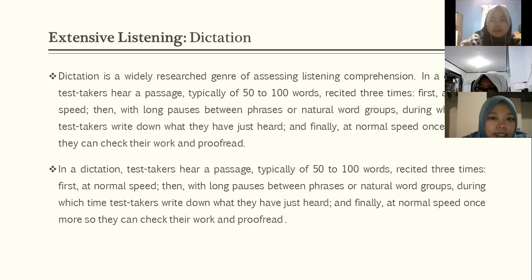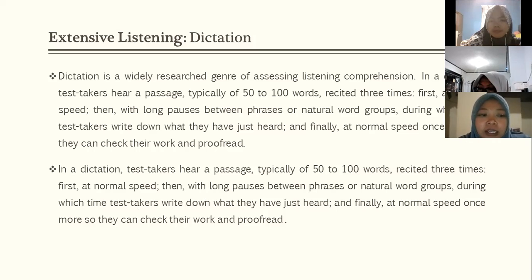Okay, there are some methods in extensive listening. The first is dictation. Dictation itself is a widely used genre of assessing listening comprehension. In dictation, the test taker hears a passage, typically 50 to 100 words, and it is recited 3 times.